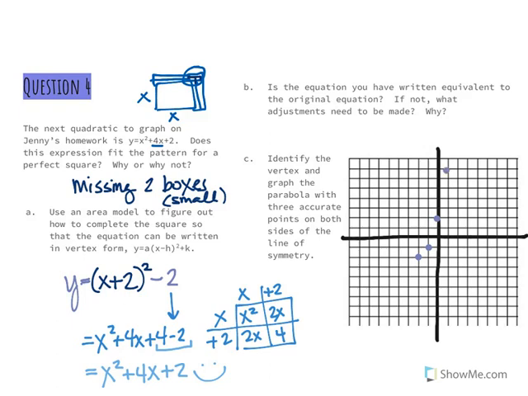Each of those movements is from the vertex. And then I would mirror each of those points and connect them with a line. Alright, so there's our graph of this function.